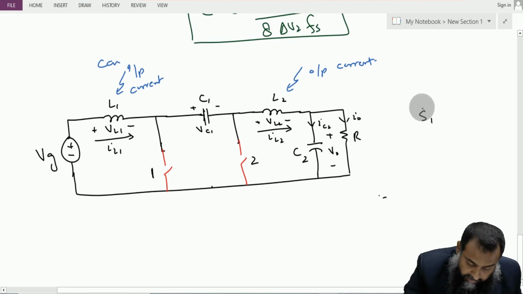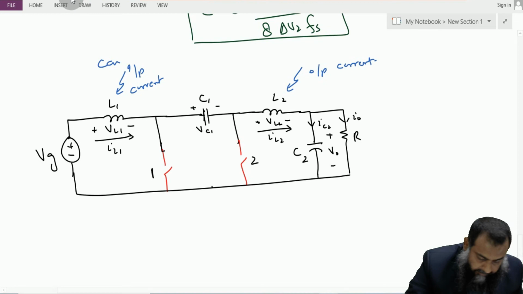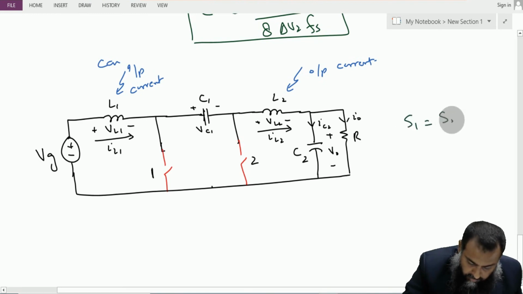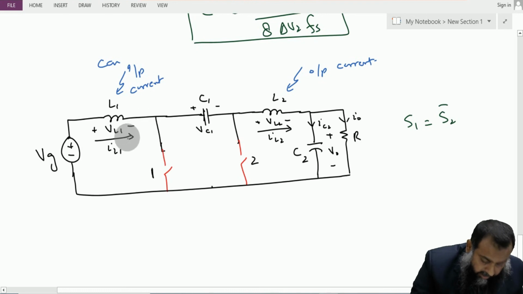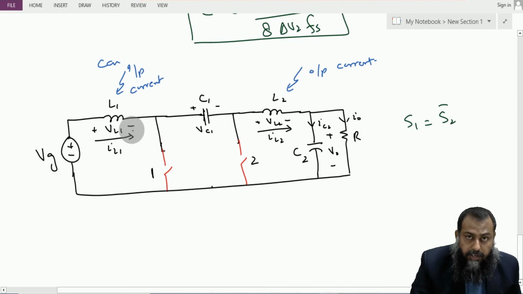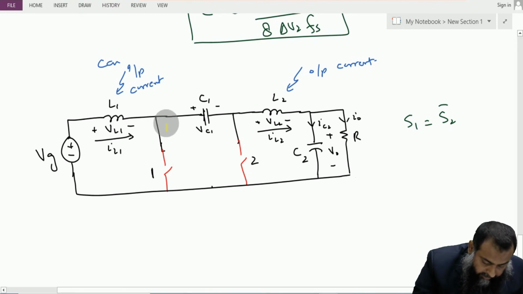So I can say that this S1 is equal to S2 complement. Now in here, the inductor current will define the polarity of the current flowing through a given switch, and therefore for this switch S1, the current is flowing in this particular direction.